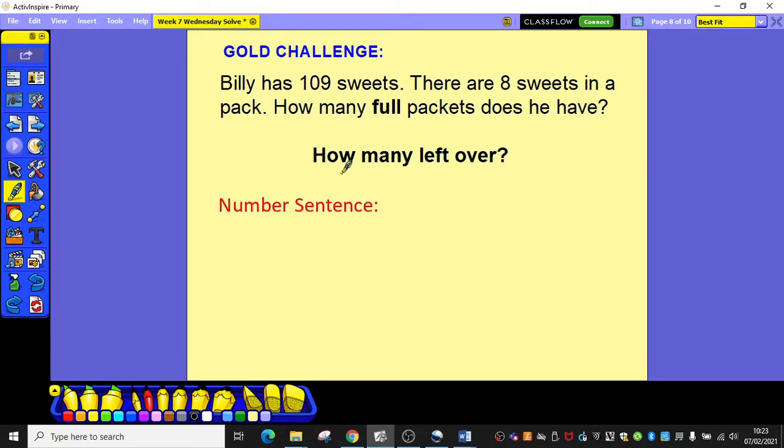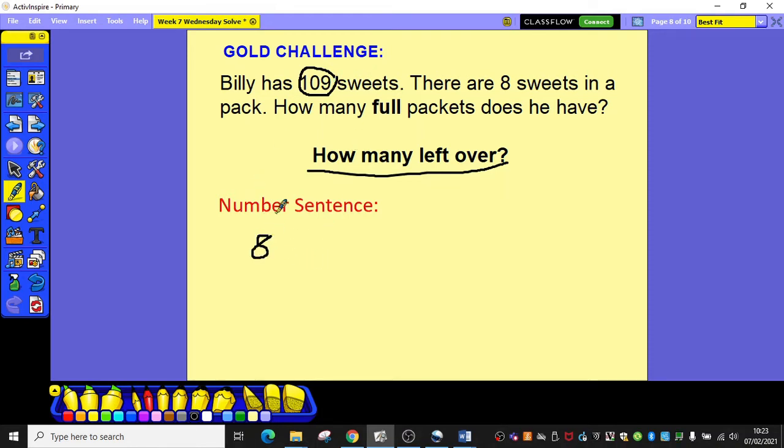Now, this was also something we looked at yesterday, which was the idea of how many left over. In other words, there's going to be a remainder. So although I'm going to be chunking this amount of sweets, I'm going to find that I've got some sweets left over. 8 isn't going to divide equally. But first of all, let's actually chunk that number.